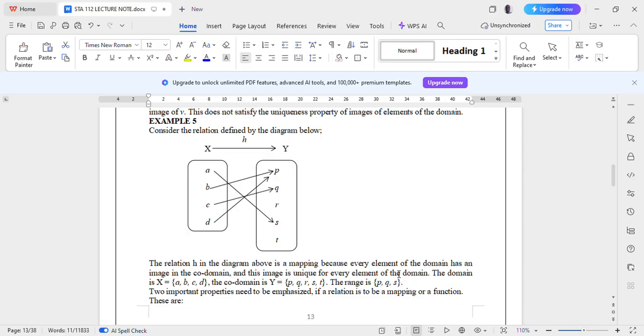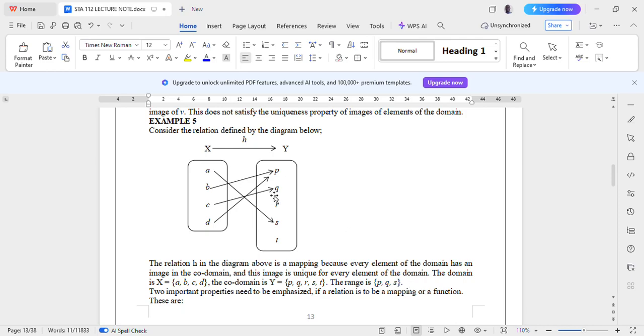So the domain is X: A, B, C, D. The codomain is P, Q, R, S, T. Now don't forget the range: they are the elements in the codomain that serve as images to elements in the domain.